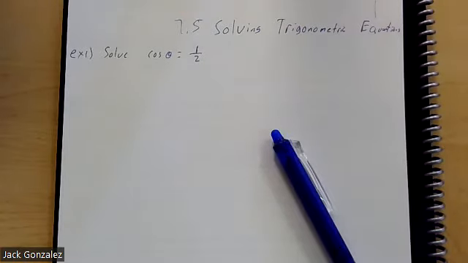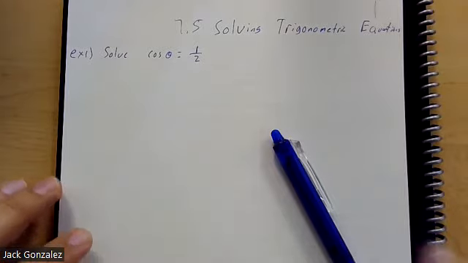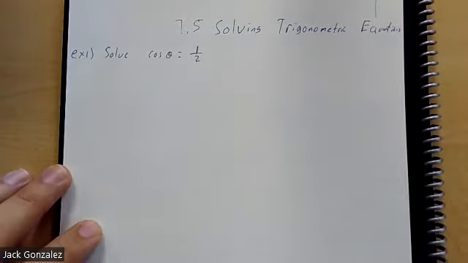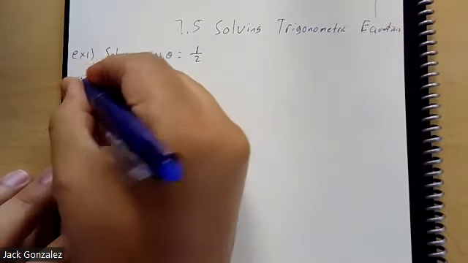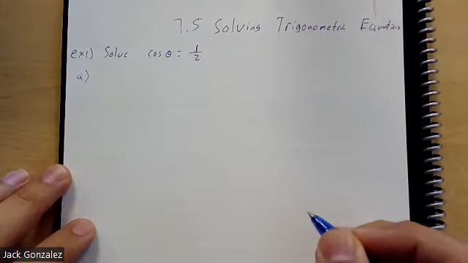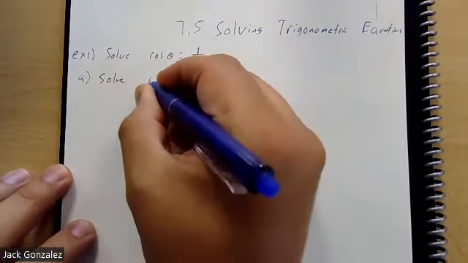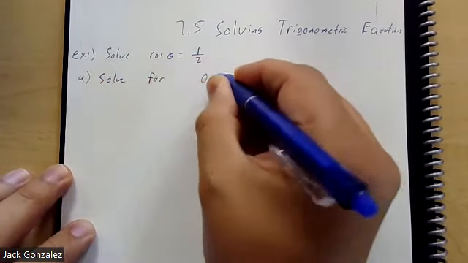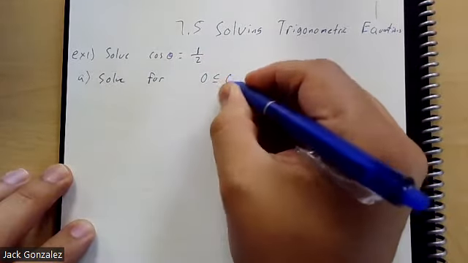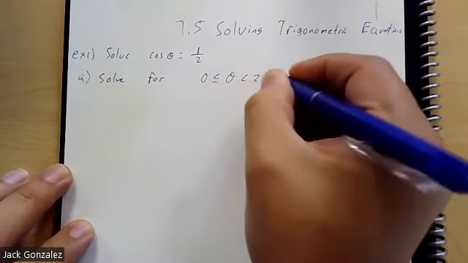Okay. So on the homework, if they don't say solve theta within a certain interval, then you're going to find an infinite number of solutions. So this part A, let's say solve for theta between 0 to 2 pi.